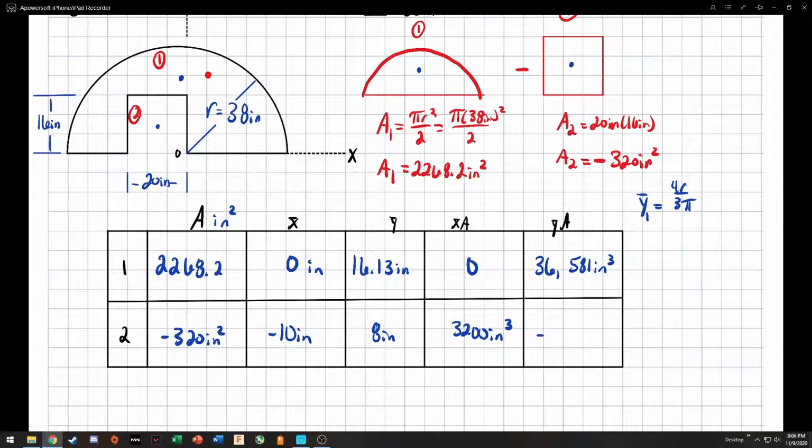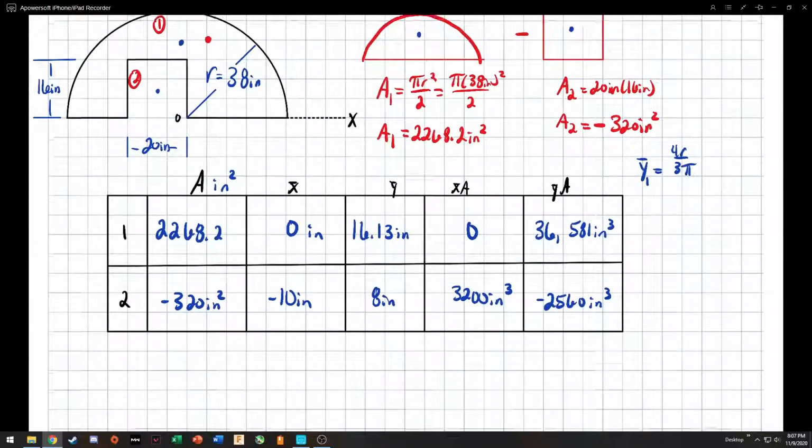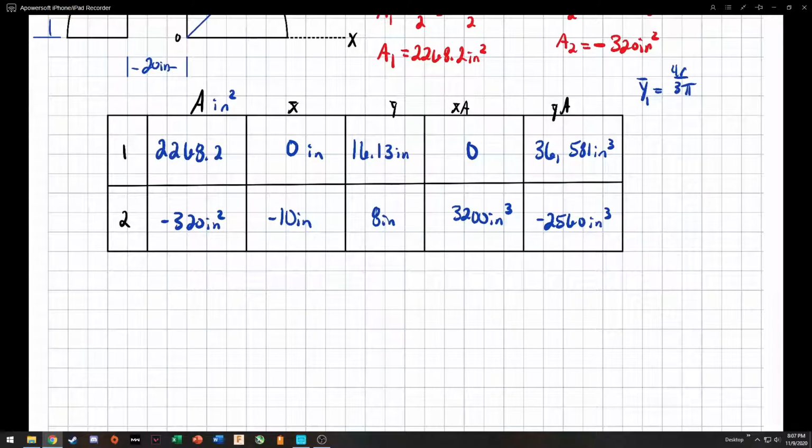And on the y bar, it would be negative 2,560 cubic inches. Alright, now that we know those, let's take our sum of our areas, which we get 1,948.23 square inches. Sum of our x bars times our area, we get 3,200 cubic inches.